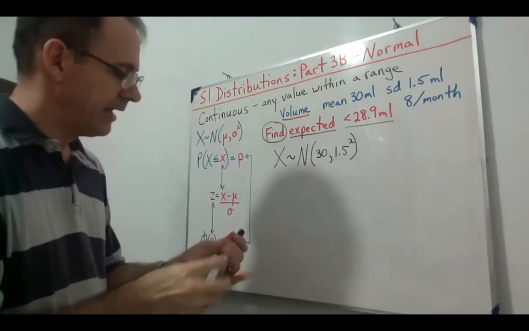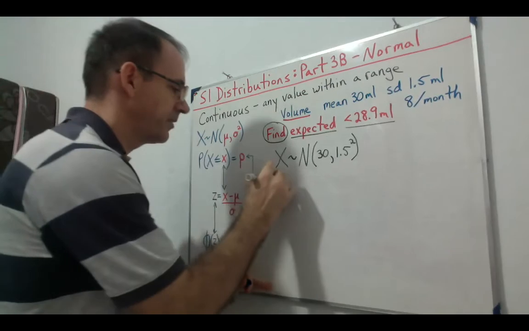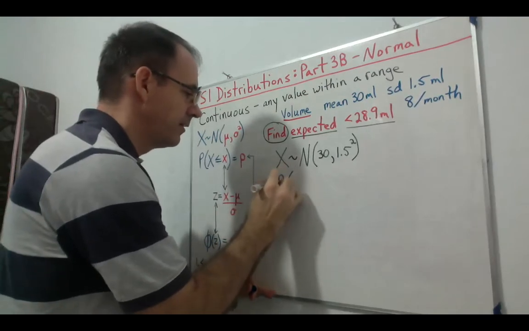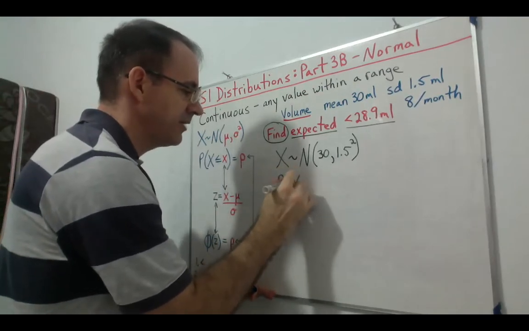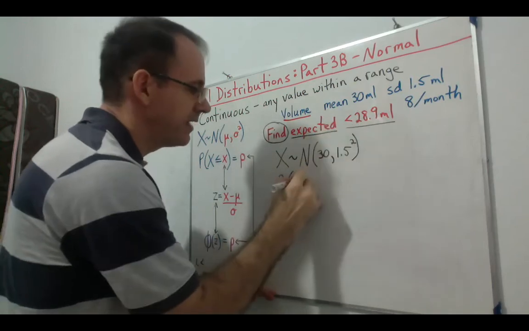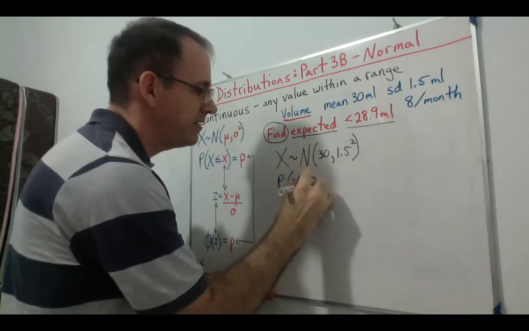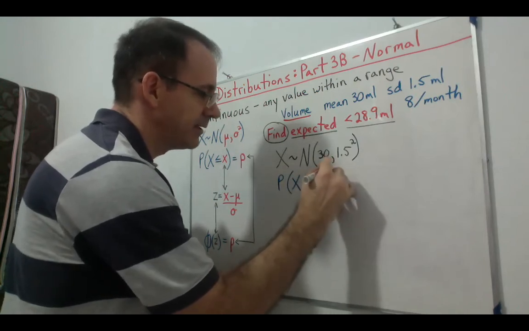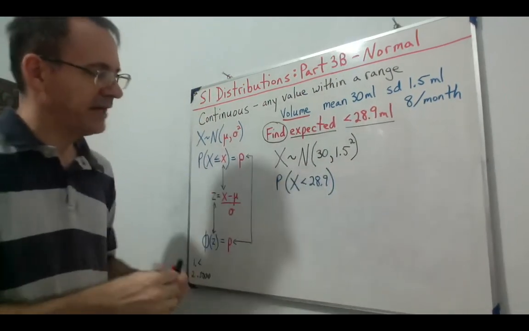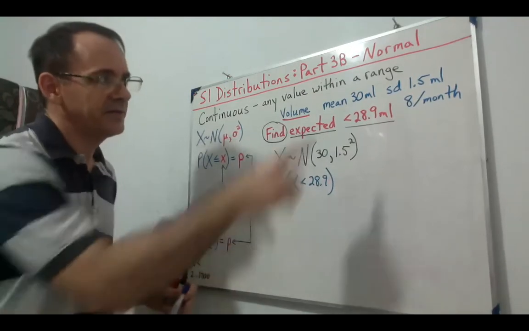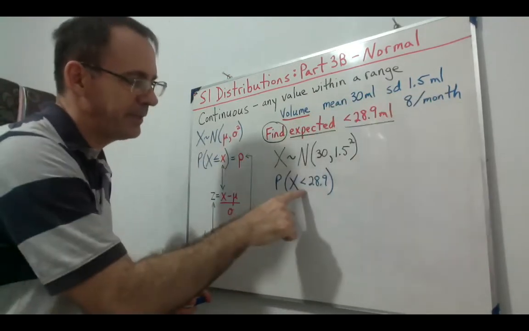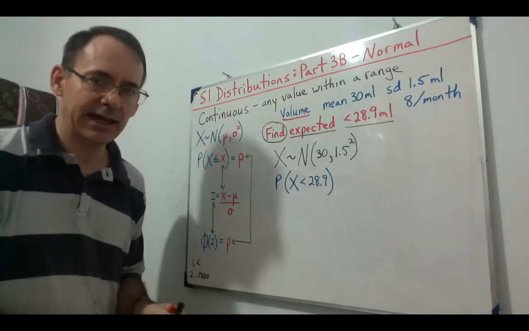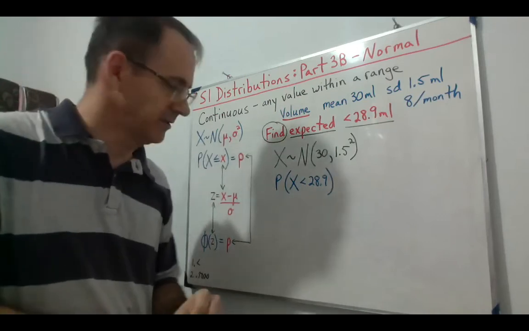So now we can make our probability statement: X is going to be less than 28.9 milliliters. So we want to find the probability that these cartridges end up being less than 28.9 milliliters.